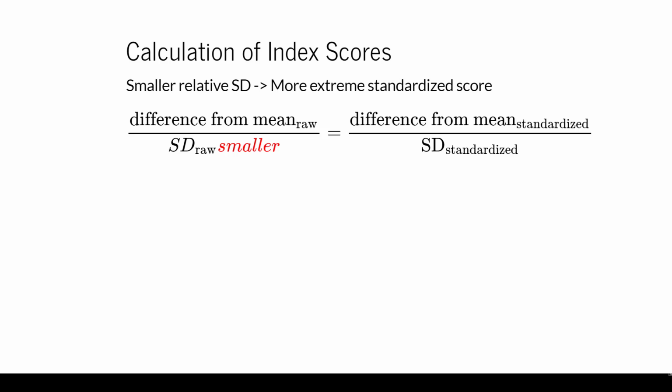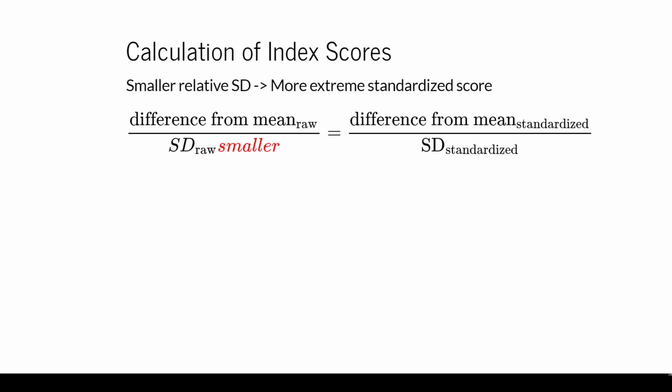Look on the left side of this equation, and remember that when we're converting across scaled scores, we're looking at the difference from the mean on one scale compared to the standard deviation from that scale. Let's say that the standard deviation of some raw scores is relatively smaller.